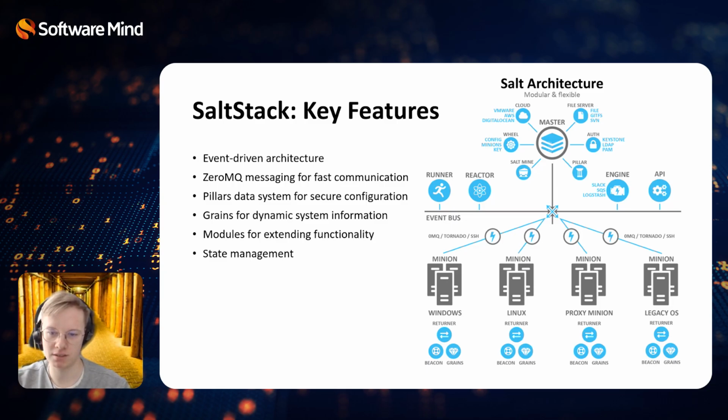Next, we have grains, which are dynamic information about systems, such as the operating system or IP address. SaltStack leverages this information to adapt configurations based on specific system characteristics. What it means is that you can use the same state files and YAML instructions for almost all your machines, not depending on the operating system.